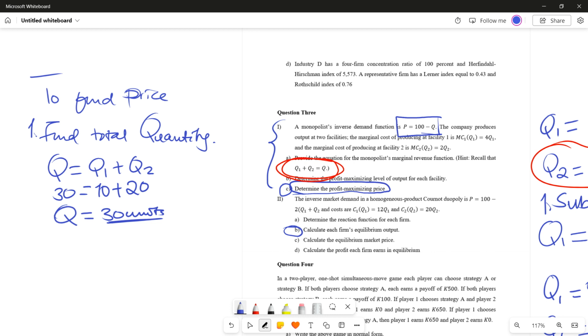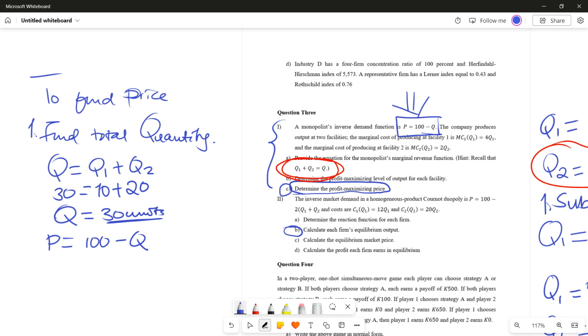Well, we know that the question is asking us to get the price, the profit maximizing price. And in the statement there, we have been told that the price is 100 minus Q. So you see, if you don't get this Q, the 30, you'll be stranded, because you'll be asking yourself, which Q will I use?